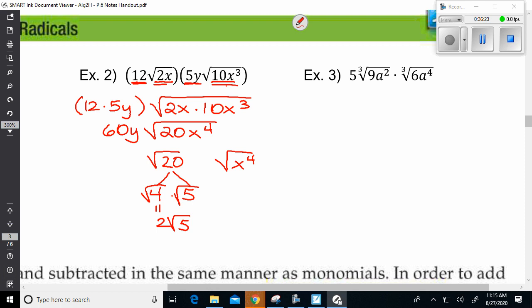X to the fourth, remember, for variables, you need the index. It's a square root. The index is 2. So 4 over 2 is x squared. Any questions before we move to the final answer?